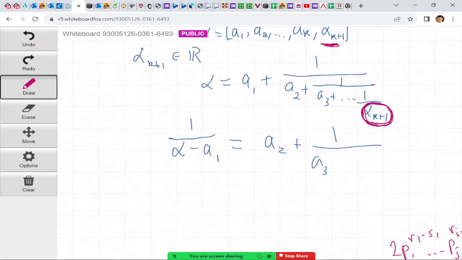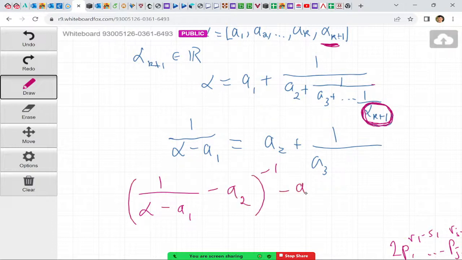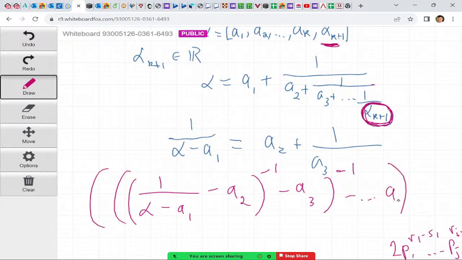So you're kind of just trying to solve for alpha k plus 1. That equals alpha k plus 1, yeah.